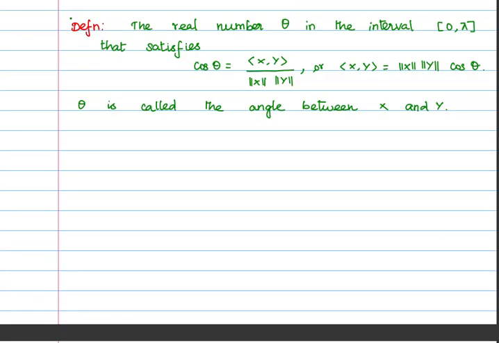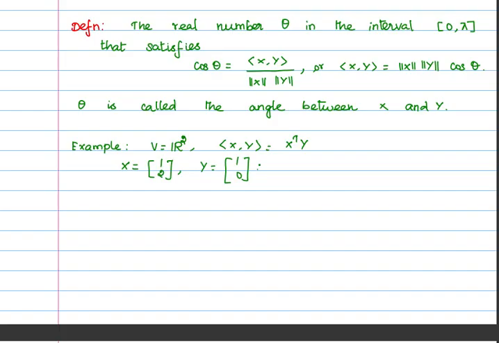Now we see two examples. Example 1: let V equal to R2, and the inner product x comma y we define as x transpose y. Now we want to find the angle between the vectors x equal to 1, 2 and y equal to 1, 0.